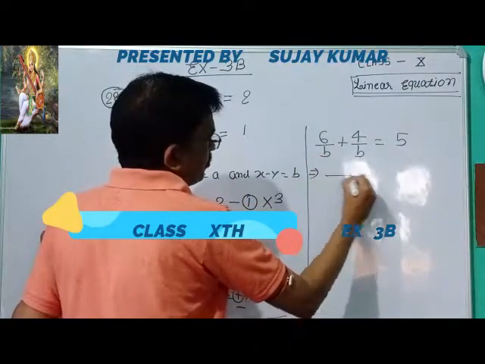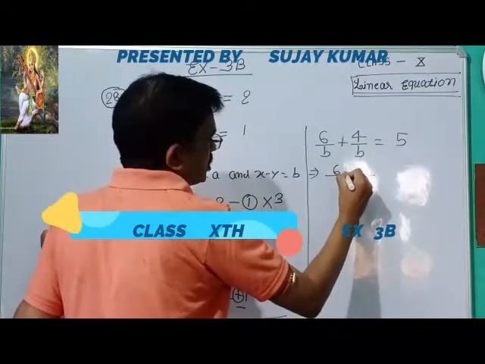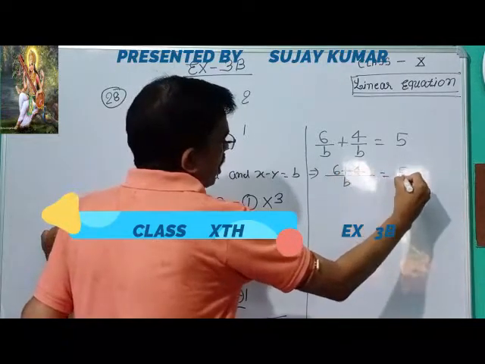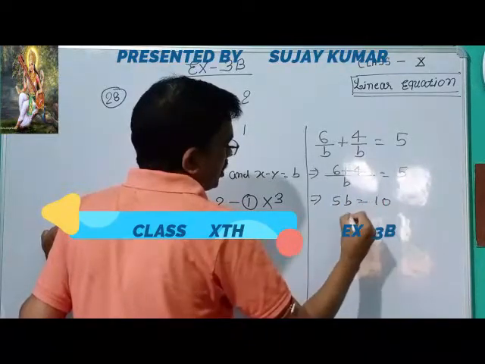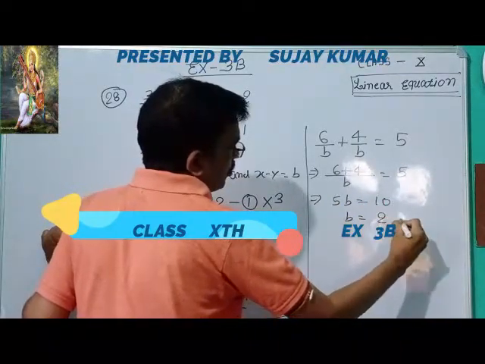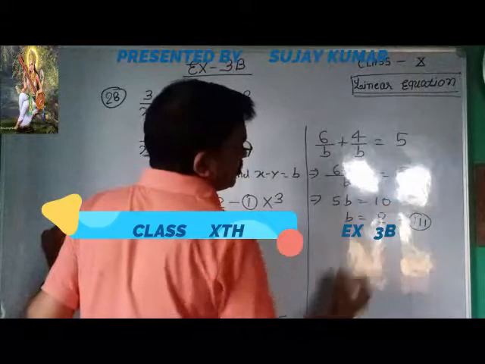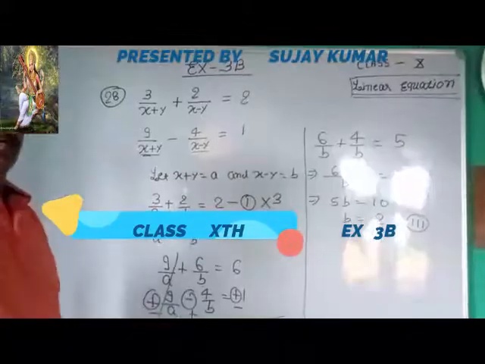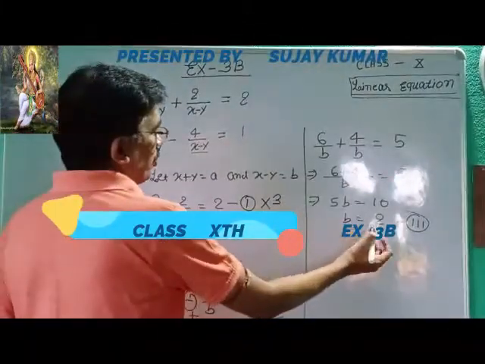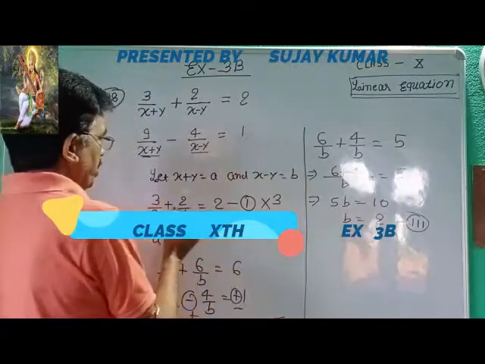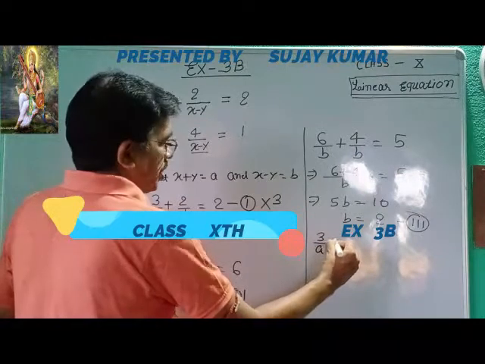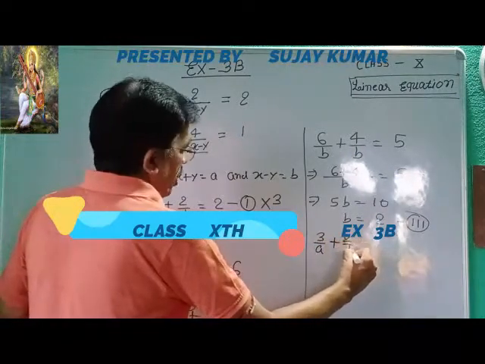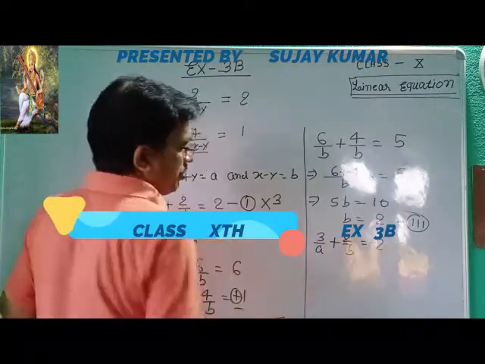Take the LCM: 6 plus 4 is 10, so 10 by b is equal to 5, then 5b is equal to 10, then b is equal to 2. Now b is equal to 2, put the value of b in the first equation. So your equation is 3 by a plus 2 by b is equal to 2.